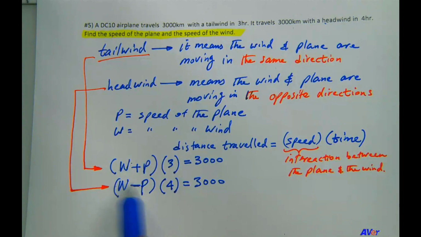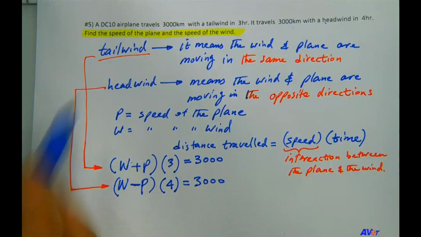If this is positive, that's negative. You could take the speed of the plane as positive and the speed of the wind negative. It makes no difference. But you must choose one of these to have an opposite algebraic sign than the other to indicate that the speeds of the wind and plane were working against each other.